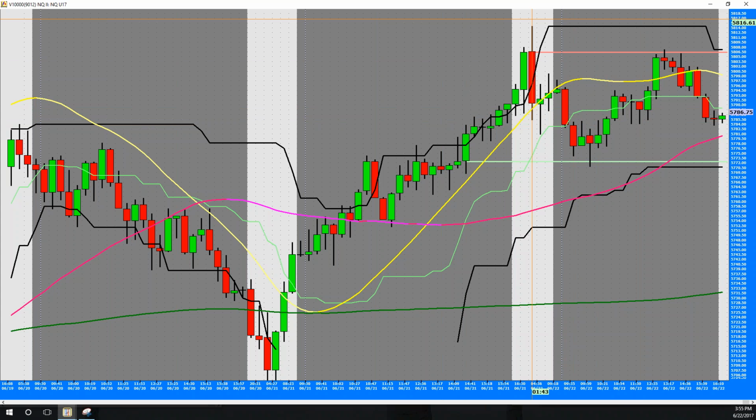Something that I like to look at are basing areas or congestion zones, and something that I have labeled here, I'm going to put a box in here. This is something that we can see, mapping out some highs, mapping out the low of the move.